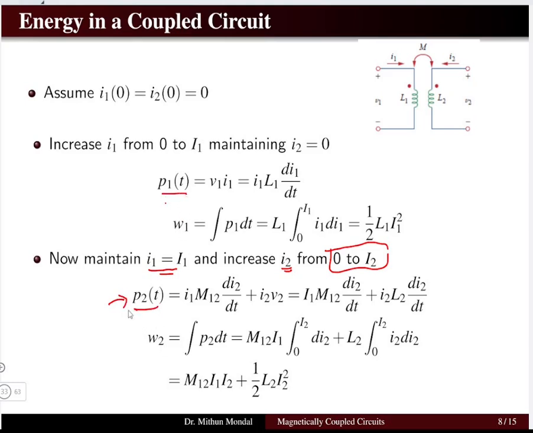The power in the second coil has a term due to the self-inductance and a term due to the mutual inductance, and we integrate these terms from 0 to I2. Then we have the term half L2 I2 square, which is due to the self-inductance, and the mutual inductance term M I1 I2. Due to the mutual inductance, we will have some energy.